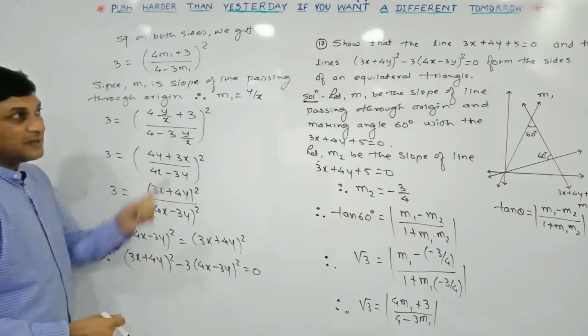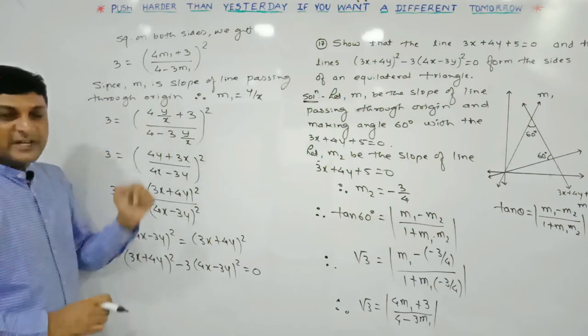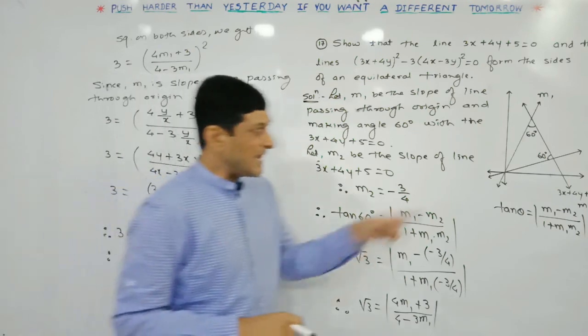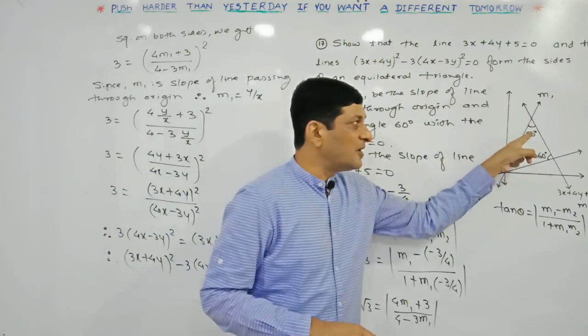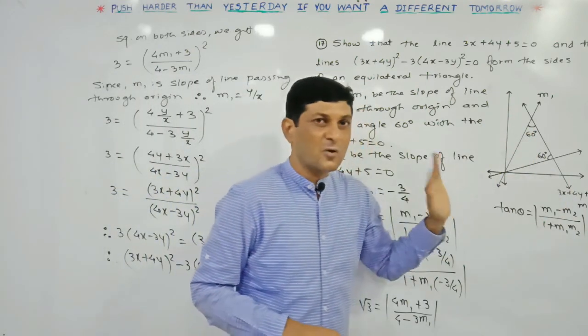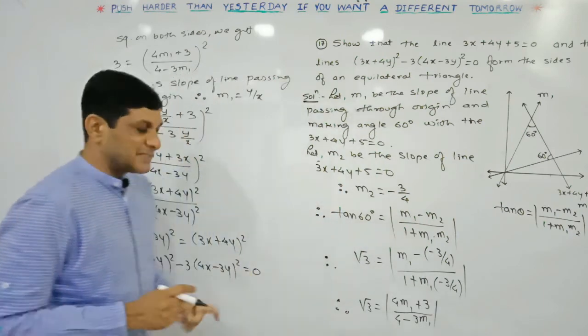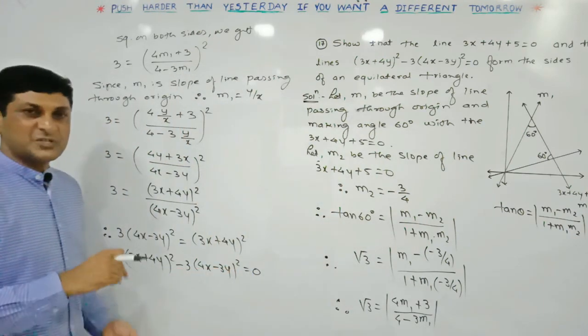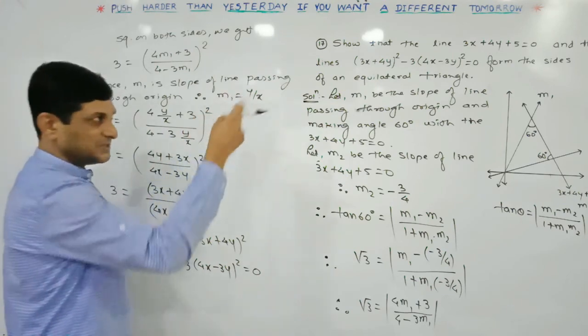And this is the equation which is given in the example. Considering that the line passing through the origin makes an angle of 60 degrees with this line, we have got this equation. Its meaning is that the lines represented by this equation form which triangle? An equilateral triangle with the given line.